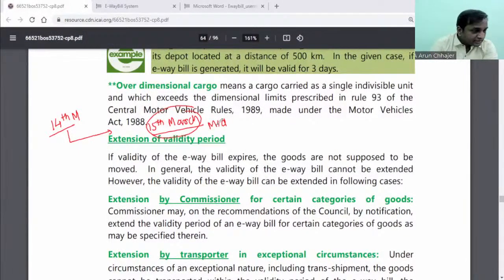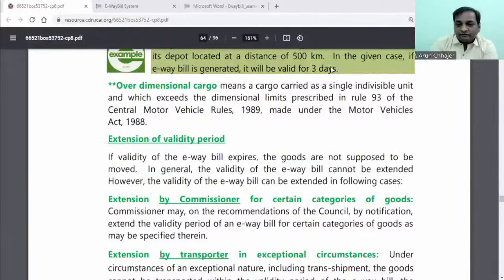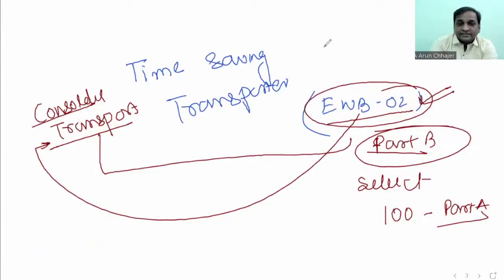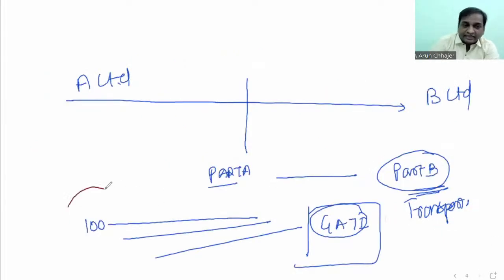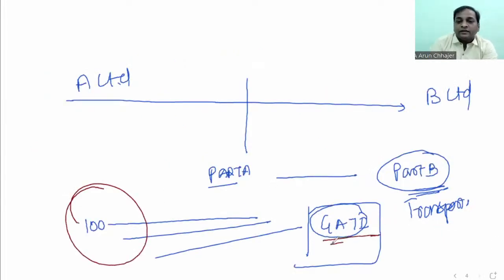The next question is Nitin, consolidated e-way bill. Please explain once more. No problem. Consolidated e-way bill is basically, I told you, consolidation with respect to the part B. One transporter carrying 100 consignments in one vehicle has received only part A e-way bills.